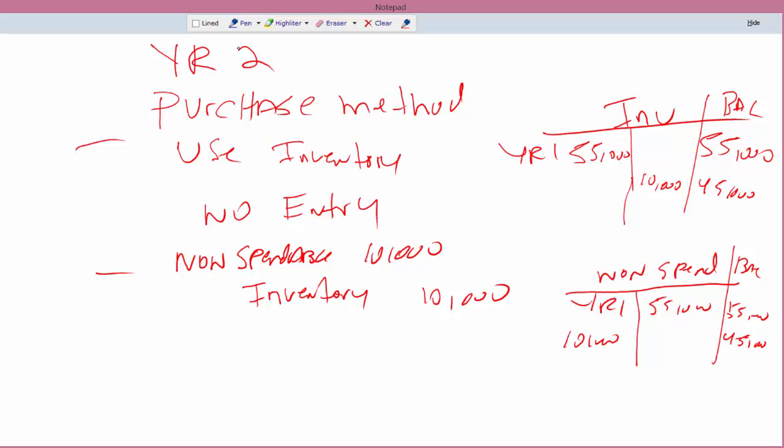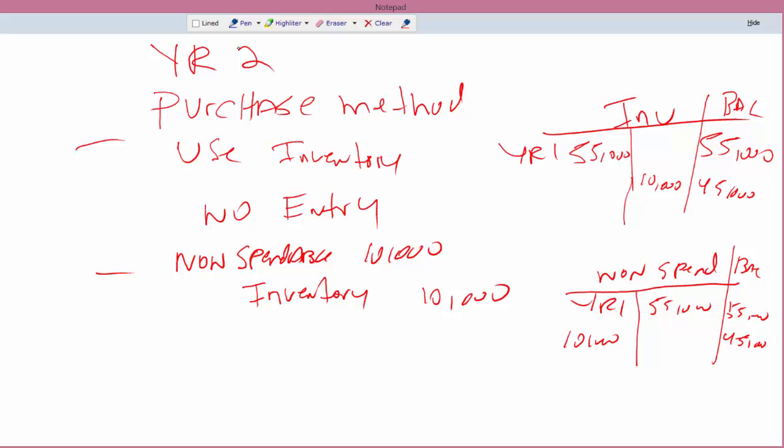Okay, and GASB says you really should use the consumption method, but they allow for the purchase method if there's not a material difference between what you do in the consumption and what you do in the purchase method. Okay, because let me ask you this. What would happen if I purchased more inventory? Let's say I purchased even more inventory, and instead of the balance going down, the balance went up.